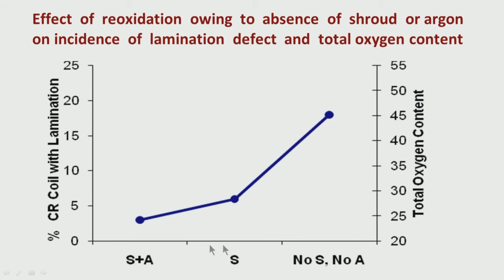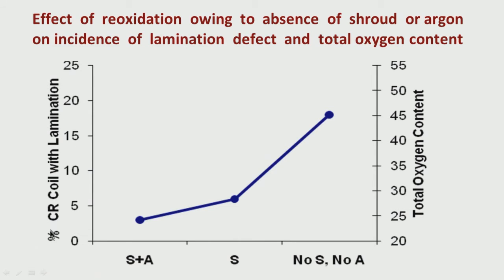So, just imagine if you do not use this refractory shroud or argon, we have a very high amount of total oxygen, that means a high amount of oxide. It is a problem for oxide cleanliness, it is not desirable. So, we must use refractory shroud and argon shrouding to get a good amount of cleanliness.